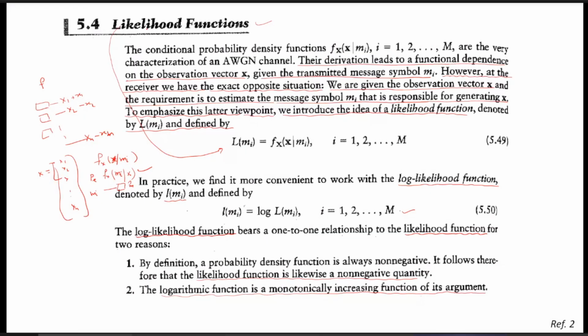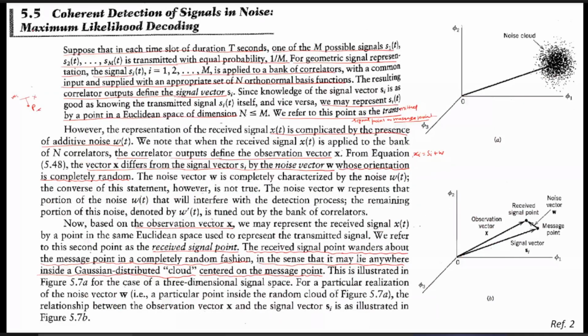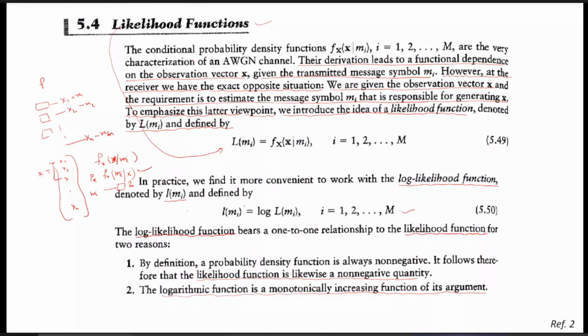You will see this likelihood function later while discussing maximum likelihood decoding. In maximum likelihood detection, the technique tries to maximize this L(mi). There is a decoder which calculates this L(mi), and on that basis the maximum value is chosen so that it can easily detect which mi has been transmitted.